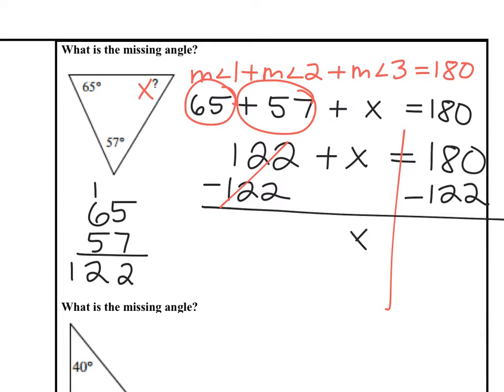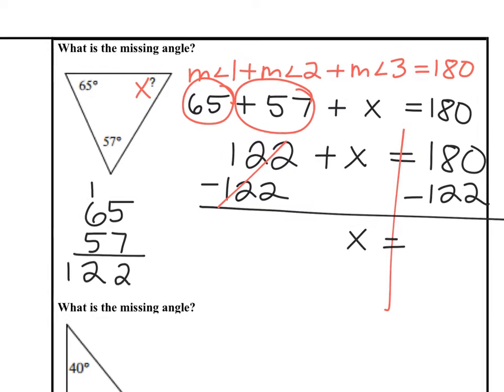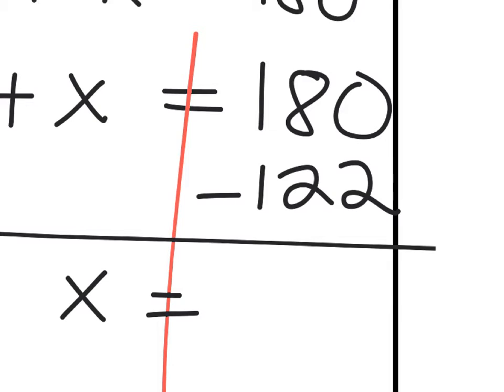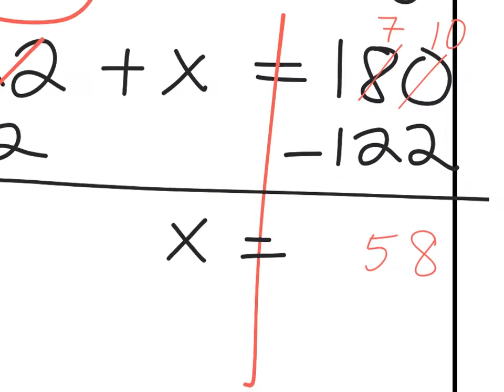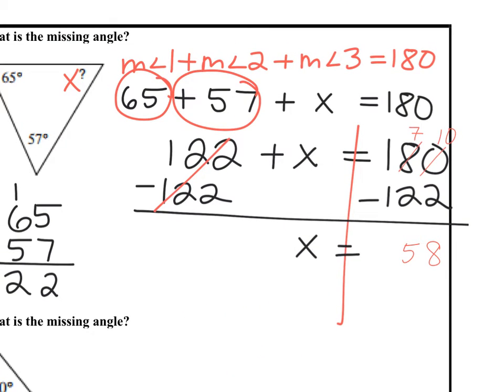I bring down the x, and let's do some long subtraction here. 0 is less than 2, so you have to change it to a 10, and then make the 8 a 7. So 10 minus 2 is 8, 7 minus 2 is 5, and 1 minus 1 is 0. It's not 1. Some of us have made that mistake on our quiz. So x is 58 degrees.